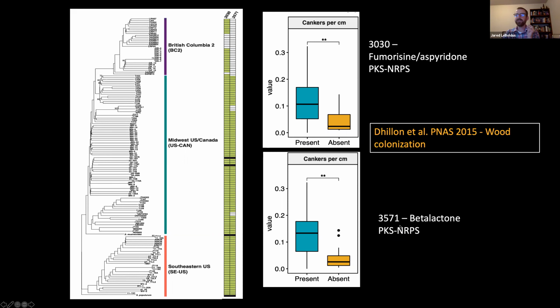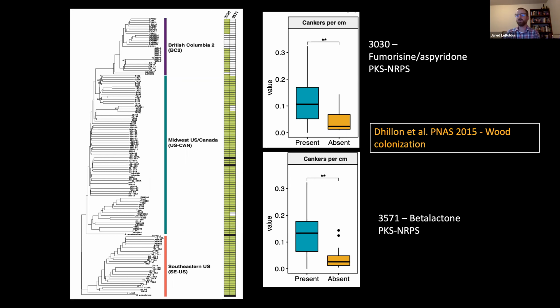And then the really exciting bit about this is that this 3030 cluster you see up here is actually one of the clusters in a secondary metabolite group described in this Dillon paper that is involved in colonization of wood. So it looks like the secondary metabolite cluster that's missing from the least aggressive isolate has also been implicated in the pathogen's ability to colonize wood and cause these cankers.